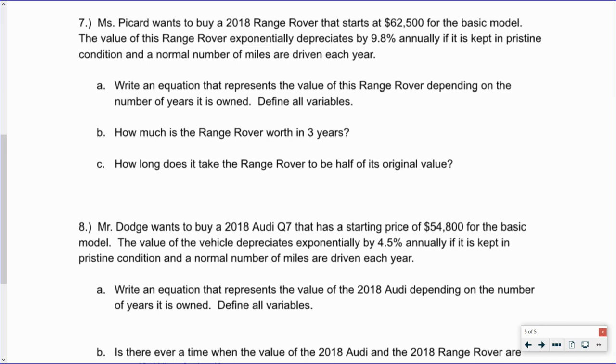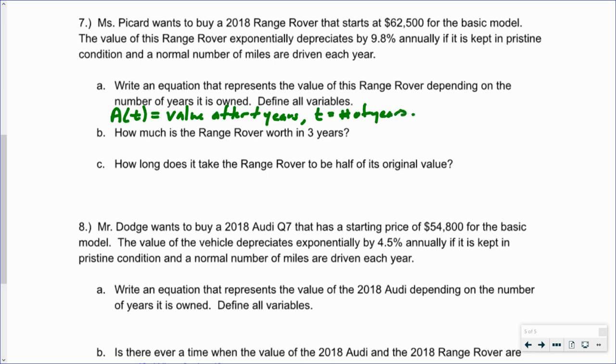All right, so this is going to use the exponential decay formula. A of t is going to represent the value after t years, and t is going to represent the number of years.